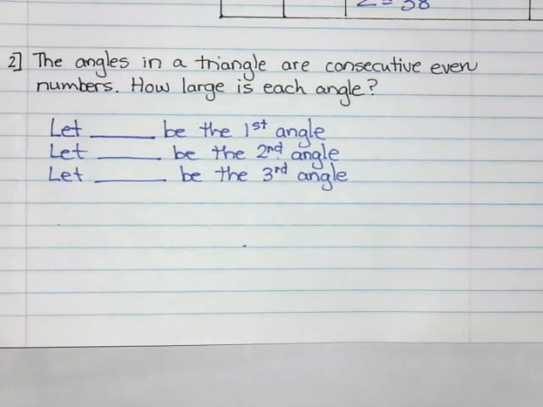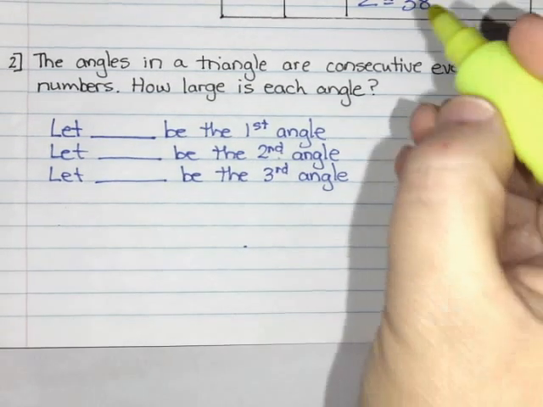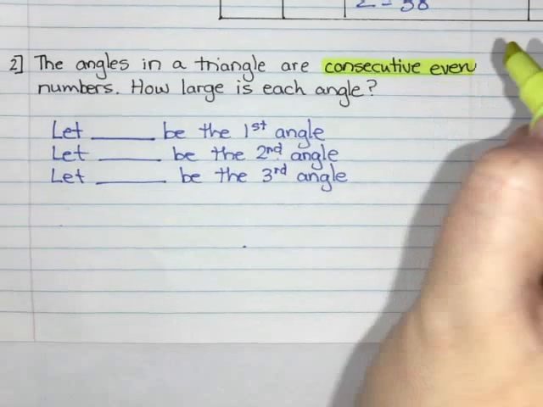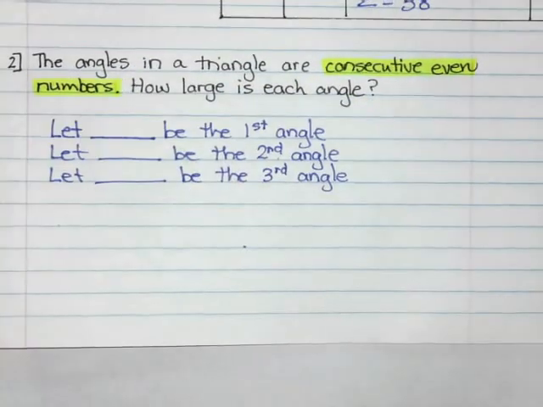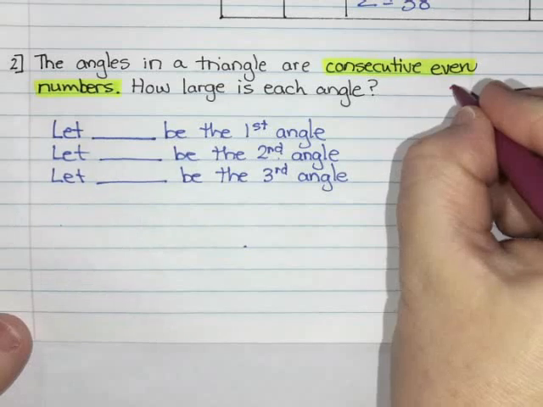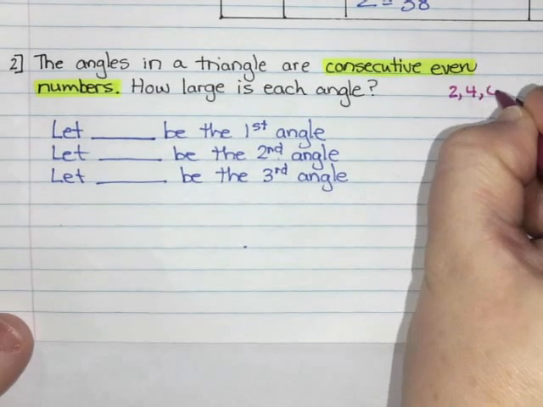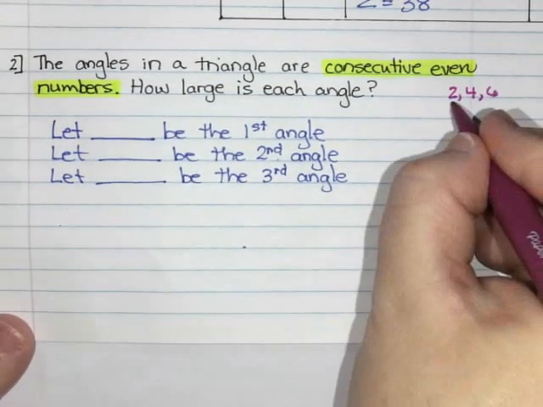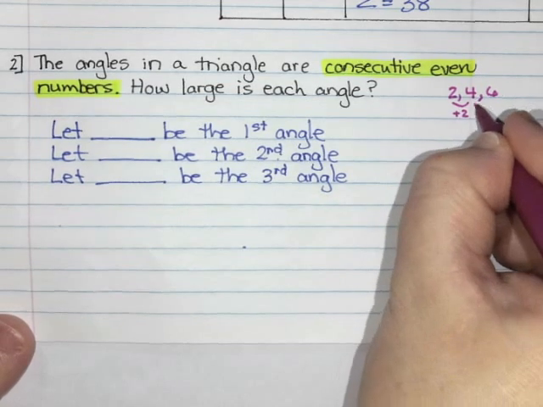Okay, well, if I reread through my question, it says the angles in a triangle are consecutive even numbers. The consecutive even numbers is the comparison part of that question. It's not a full-out comparison sentence, but at least it is telling me a little bit about those numbers. So consecutive even numbers are things like 2, 4, and 6, and they are all 2 numbers apart.